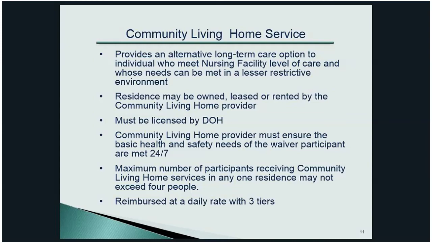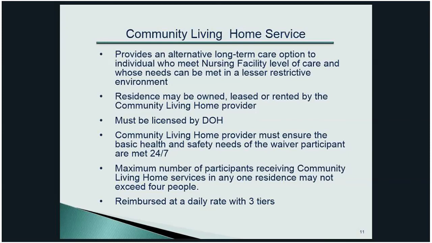Community living home provides an alternative long-term care option to individuals who meet nursing facility level of care and whose needs can be met in a less restrictive environment. The residence itself must be owned, leased, or rented by the community living home provider. They also must be licensed by the Department of Health. The community living provider must ensure the basic health and safety needs of the waiver participant are met 24/7.